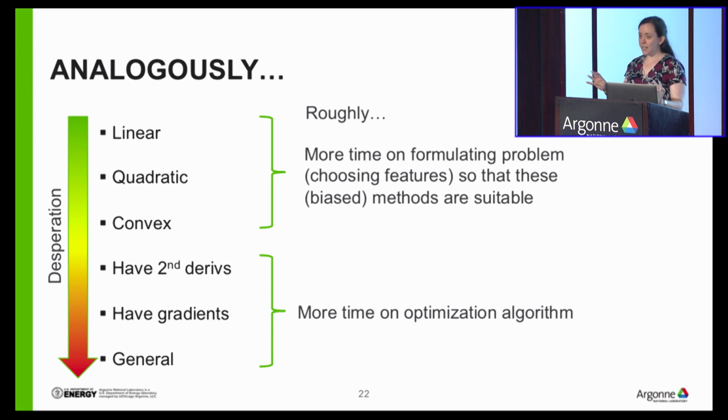So sort of analogously for machine learning, if you want to use some of these nice machine learning algorithms, you might spend more time getting your data in a form that works well for these methods that are relatively biased in the sense that they can't necessarily express a really complicated function. So you might spend more time choosing good features for your data and that kind of thing. And roughly in these lower cases, you maybe don't have to mess with your data quite as much, but the optimization is difficult. So just a rough generalization.